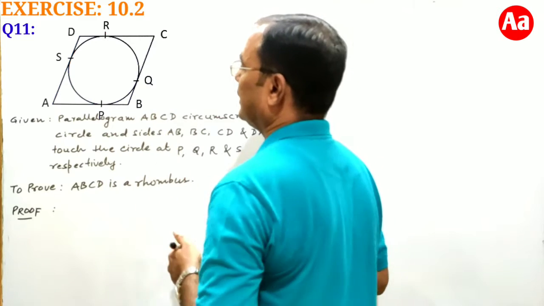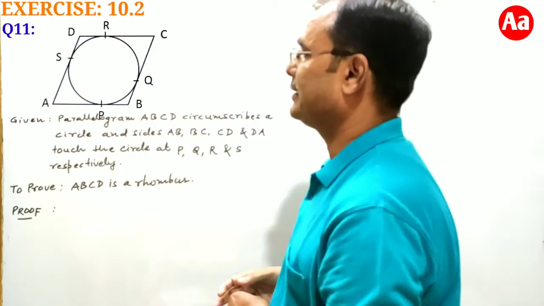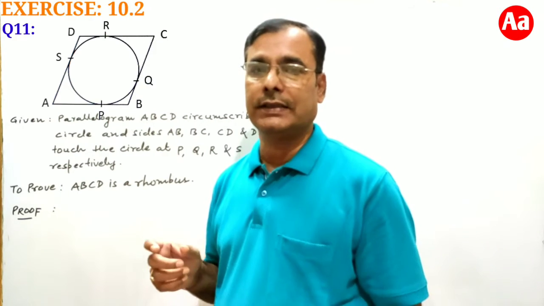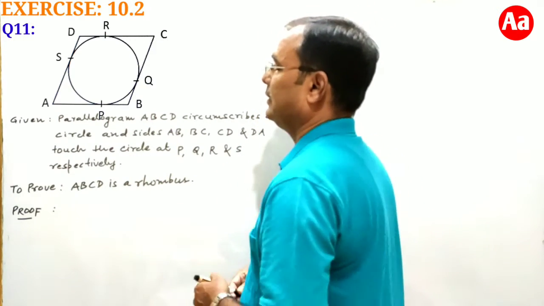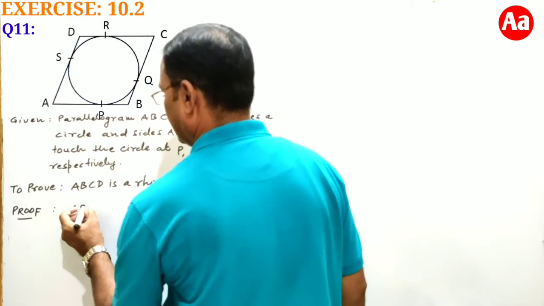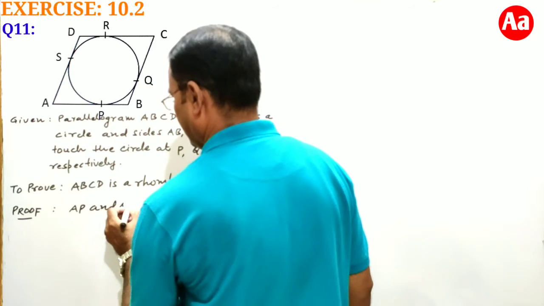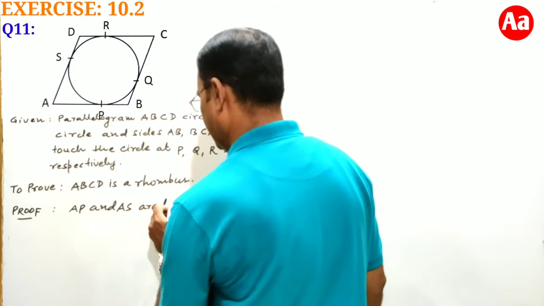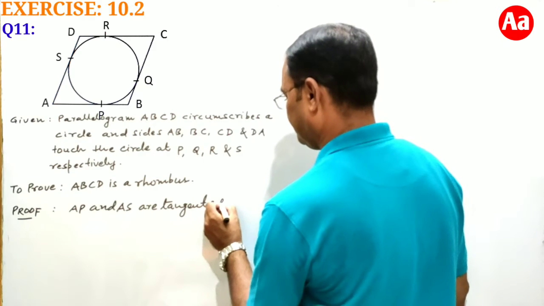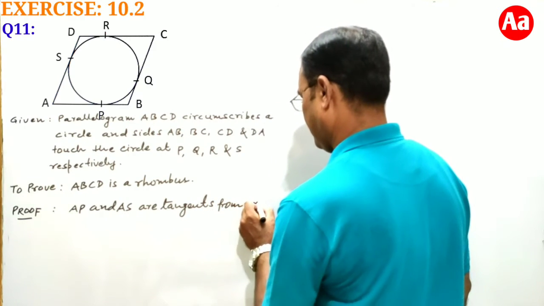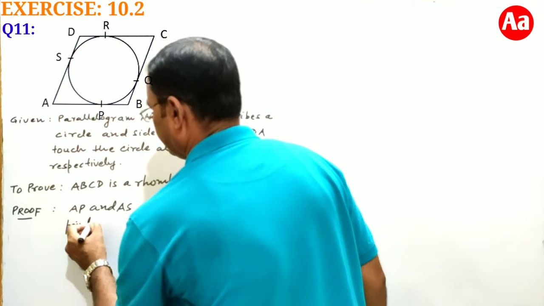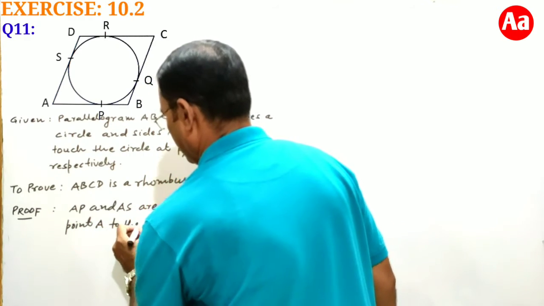As shown in the figure, sides are touching at points P, Q, R and S. So sides AB, BC, CD and DA are tangents at points of contact P, Q, R and S. So AP and AS are tangents from external point A to the circle.